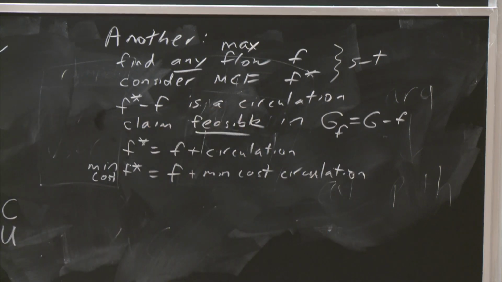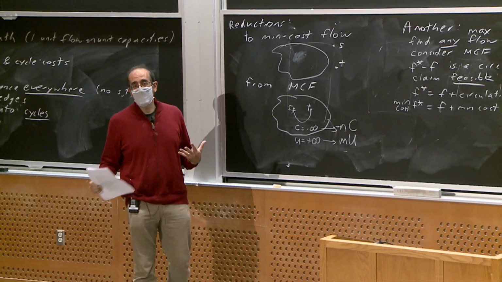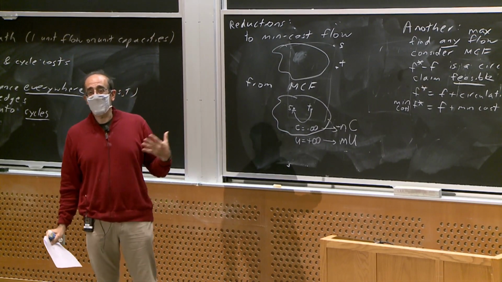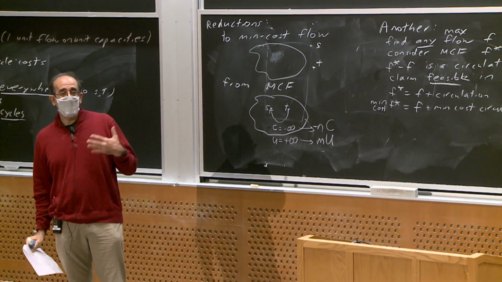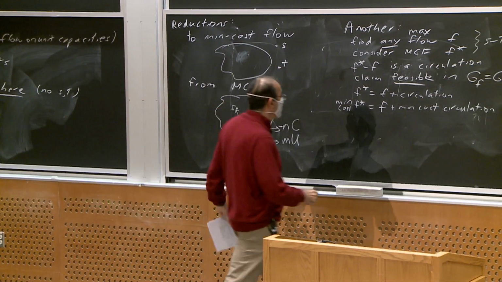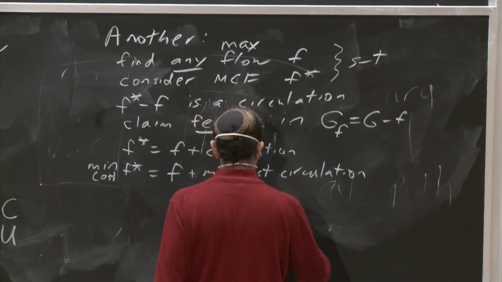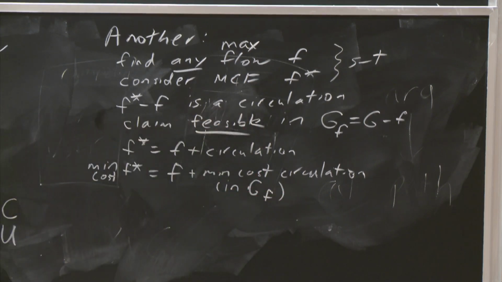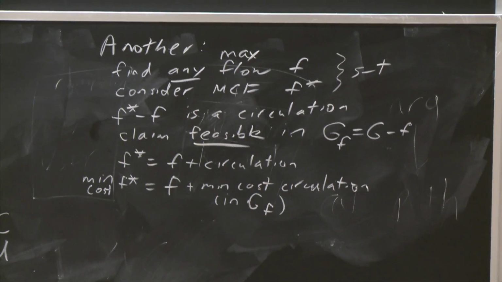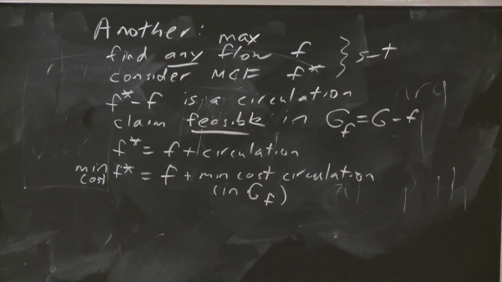And so another way to solve min cost flow using a min cost circulation algorithm is to first find a max flow and then find a min cost circulation in the residual graph. Does that make sense? So first you maximize the flow, and then you adjust the cost.